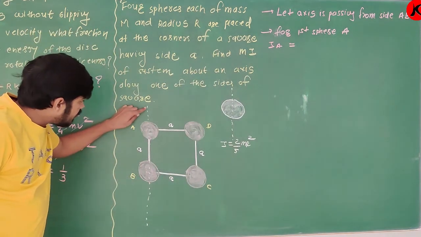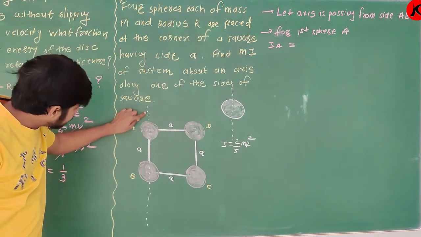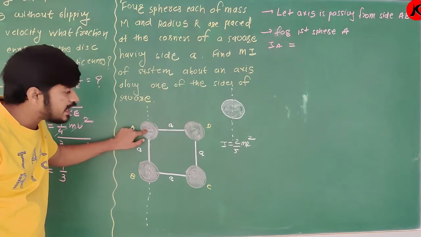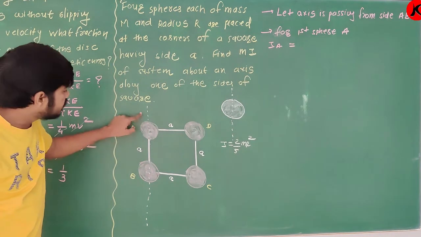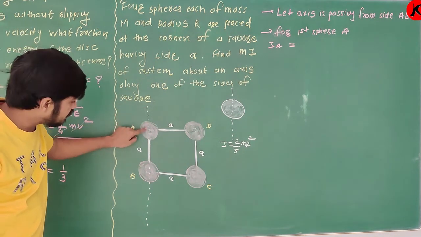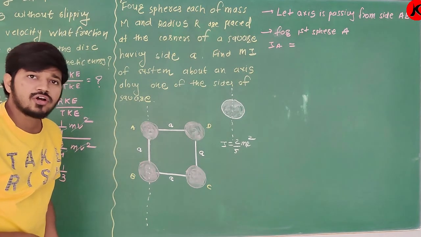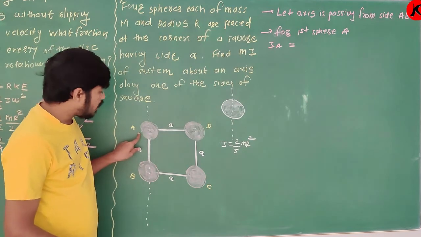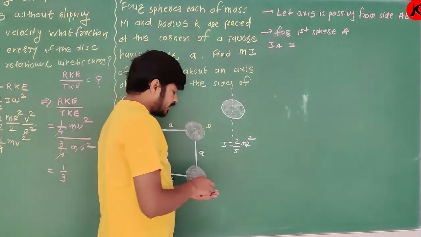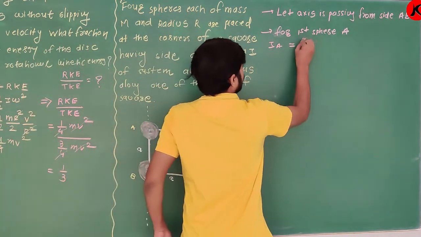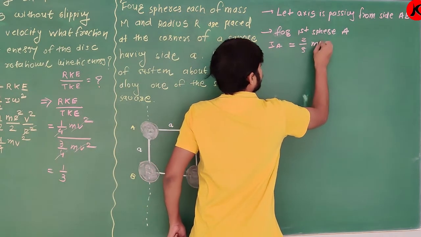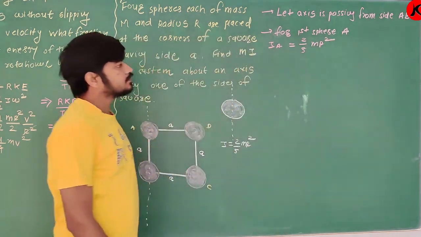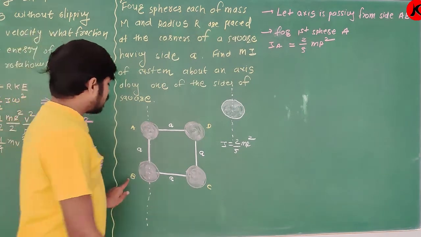We have to find it about this axis, and this axis is passing through its center and along its diameter. So for sphere A, the moment of inertia is 2/5 mr². Simple.